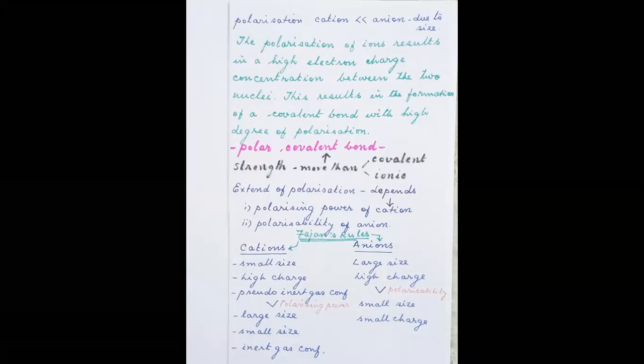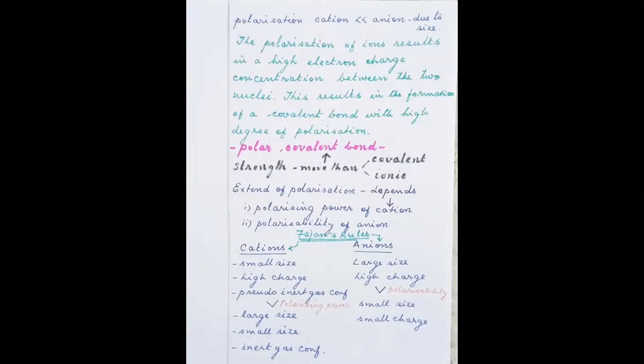But the anion is bigger in size. Whenever you compare the sizes of a cation and an anion, the anion is found to be bigger because of the excess electrons, and the cation is smaller because of the deficiency in electrons. So because of this big size, polarization is more pronounced in the anion than in the cation.